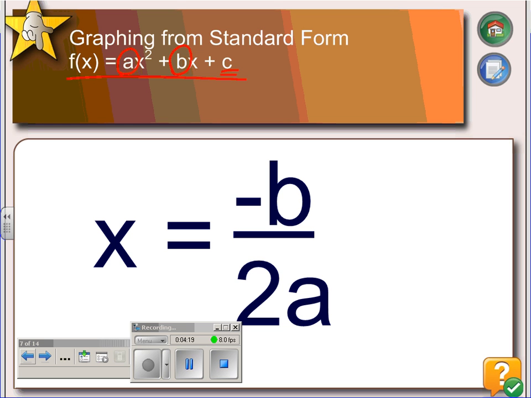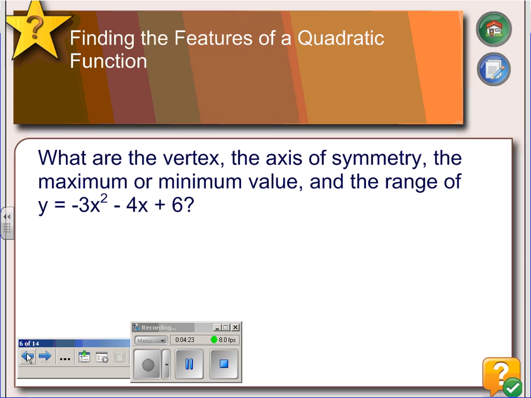So if we wanted to find the vertex to our previous question, we would use the formula -b over 2a. So that would be a -4, because this is b. Divide that by 2 times -3, because this is a.